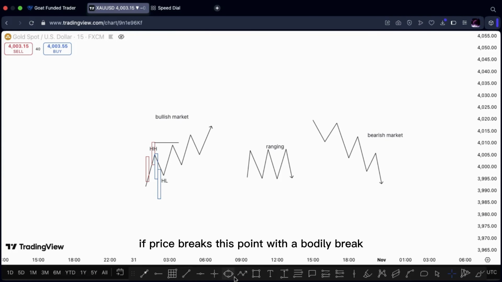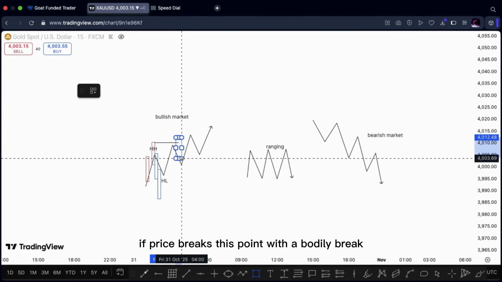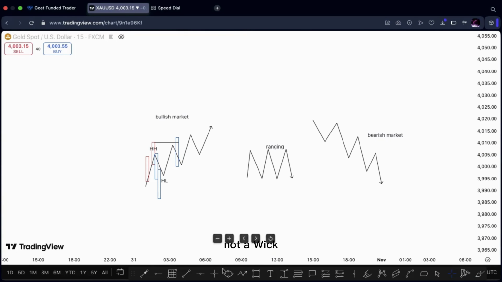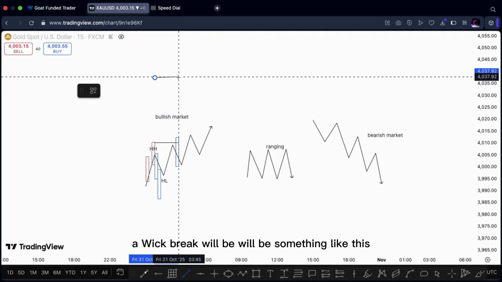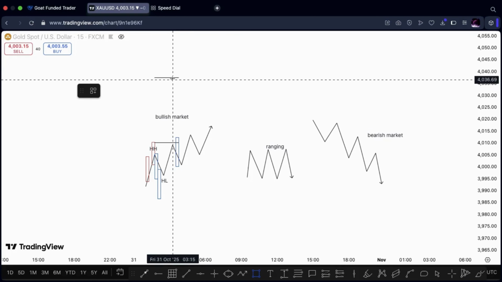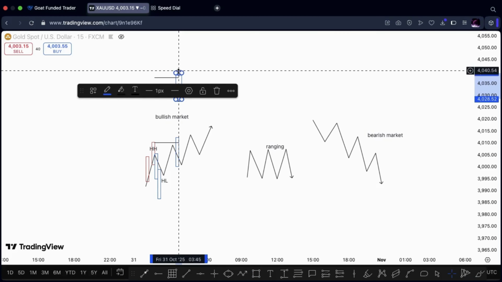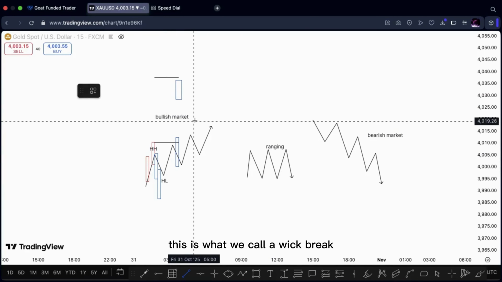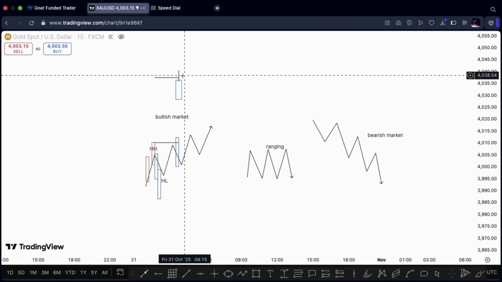If price breaks this point with a bodily break, not a weak one. A weak break will be something like this. This is what we call a weak break.